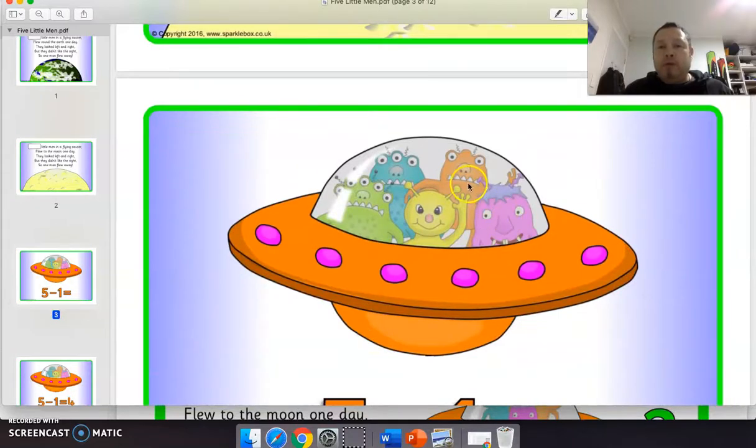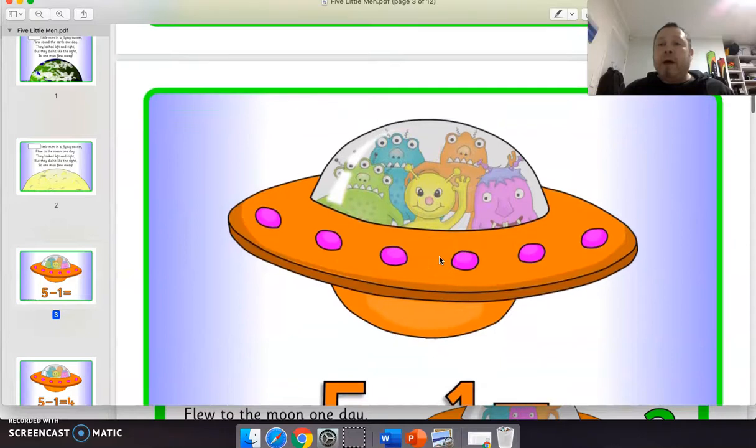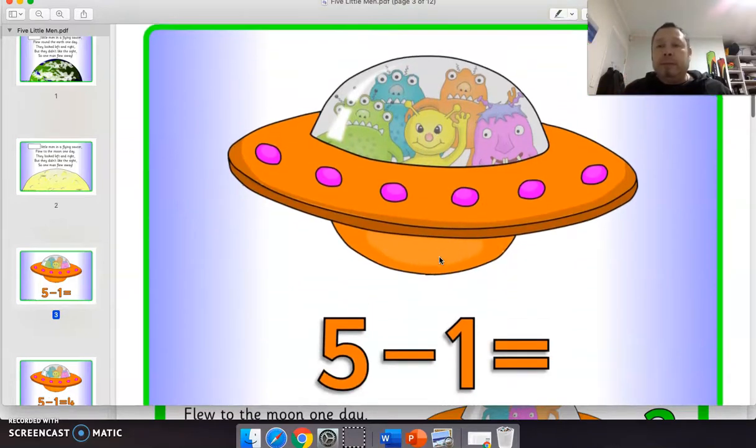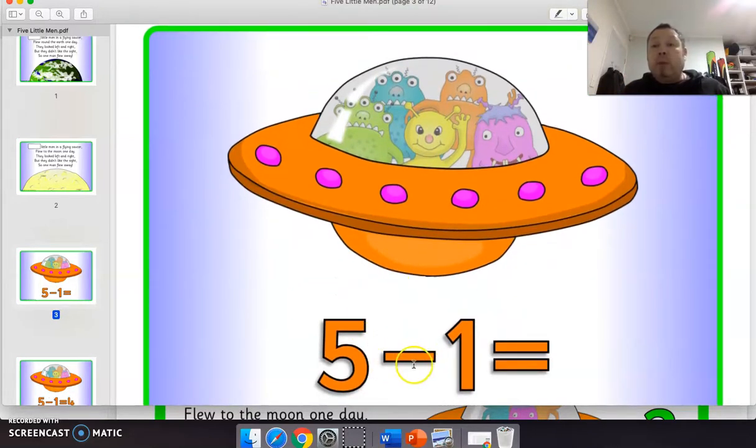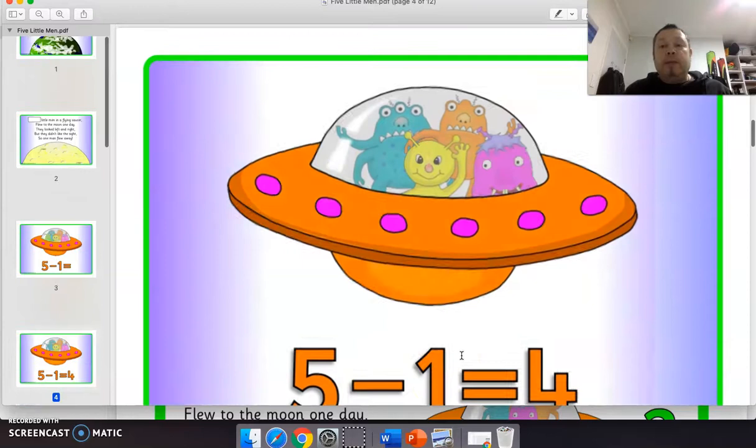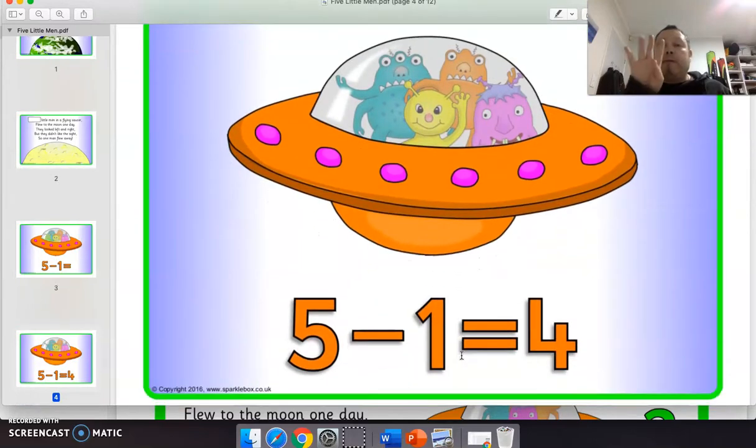We had 1, 2, 3, 4, 5. So we had 5 little men in a flying saucer, and one of those, minus 1, flew away, which leaves us with 4 little men in a flying saucer. So we said bye-bye to one little flying man.